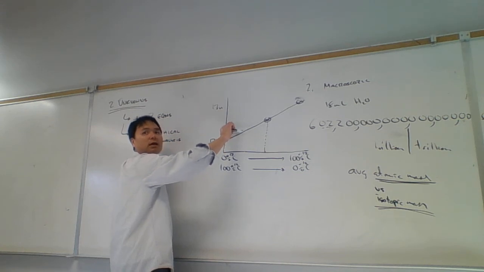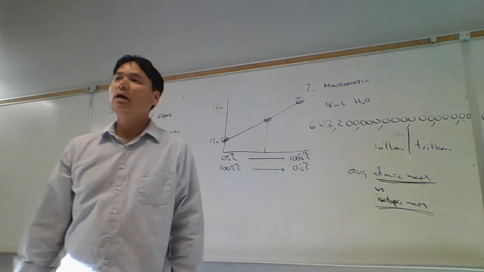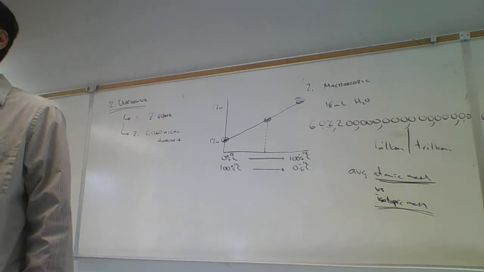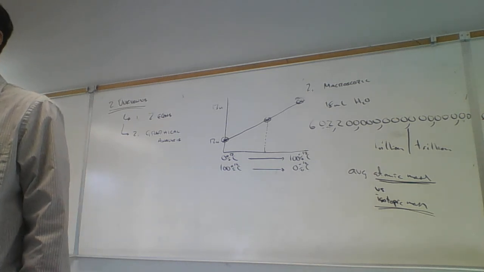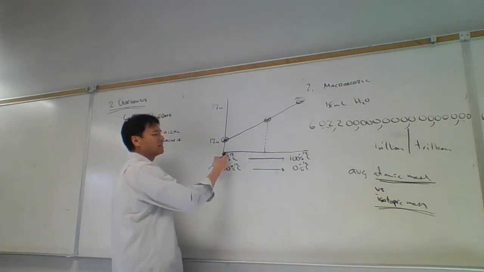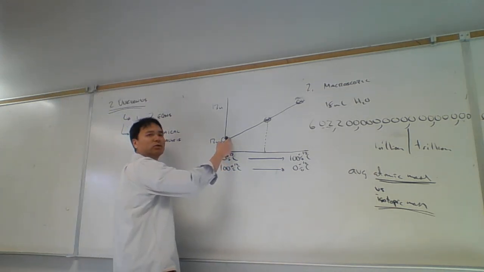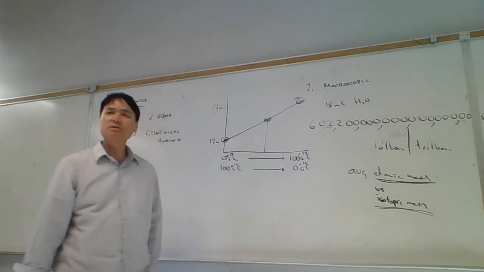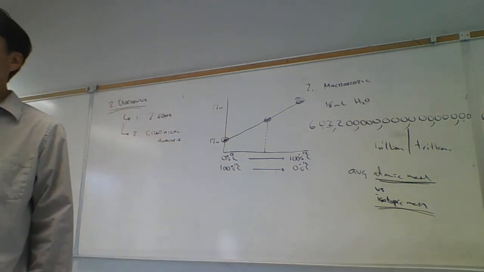You see that? Now what if it's 90%? If it's 90% carbon 12, what is its weight? Well, if it's 90% carbon 12, then that means it's 10% carbon 13, which means its mass will be 12.1.